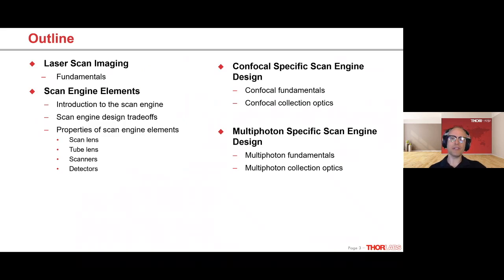Next, I'll talk about confocal specific scan engine design, including a brief overview of confocal fundamentals, followed by showing how the confocal fundamentals affect confocal scan engine design. Finally, I will finish with multiphoton specific scan engine design, again with a brief review of multiphoton fundamentals, and then talking about how those fundamentals affect multiphoton microscope design.